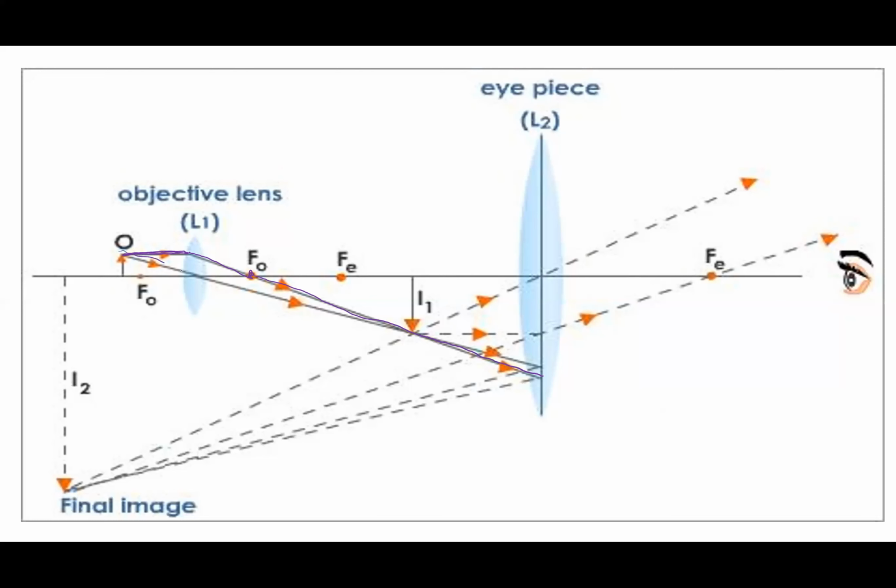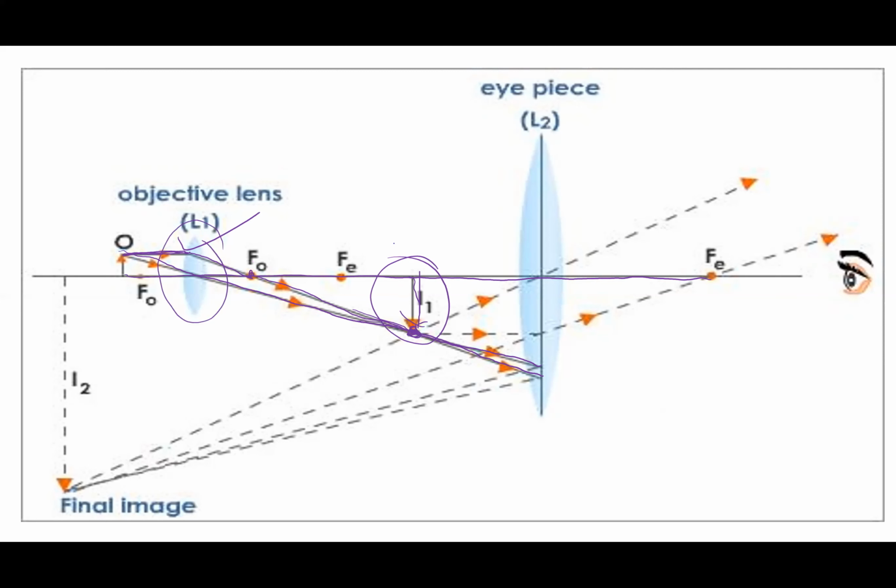This ray passes through the optical center and passes undeviated. At this point of intersection, this is the image formed by the objective lens.